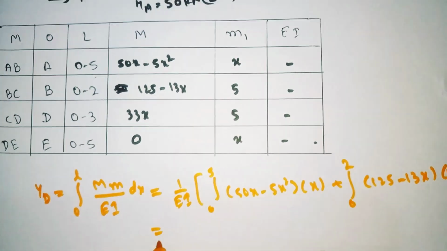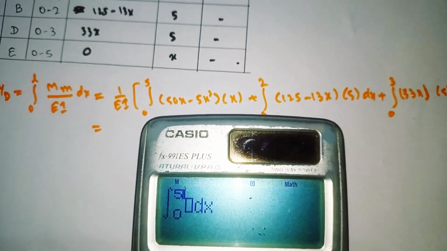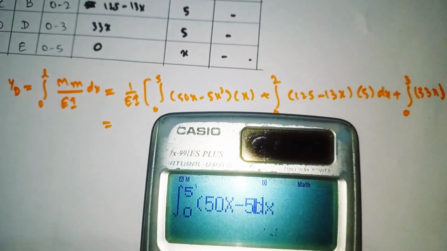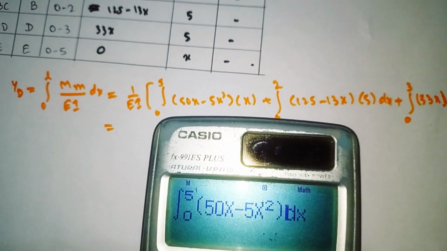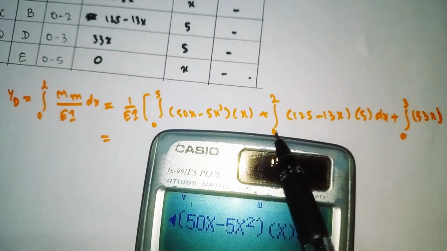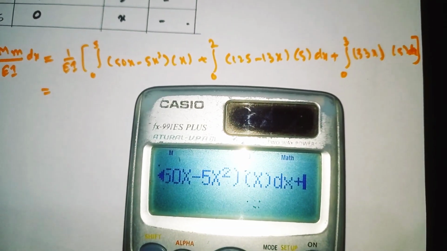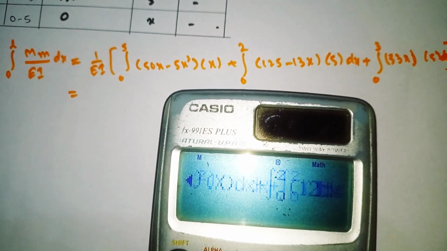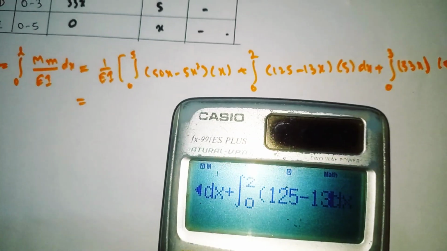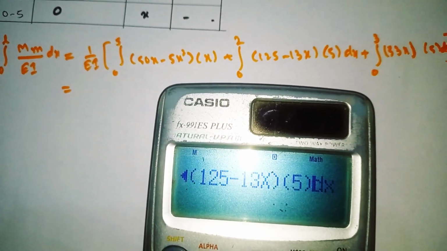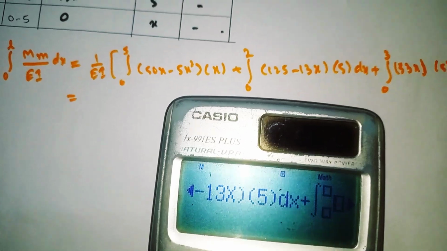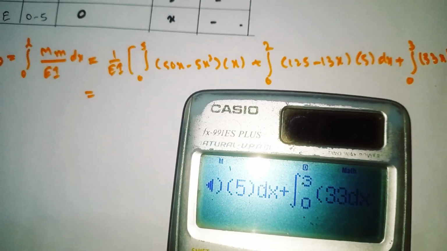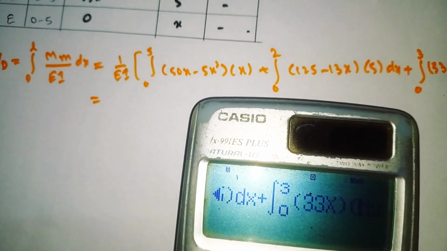So now solve it. Integration of 0 to 5 of (50x minus 5x square) into x, plus integration of 0 to 2 of (125 minus 13x) into 5, plus integration of 0 to 3 of 33 into x into 5.